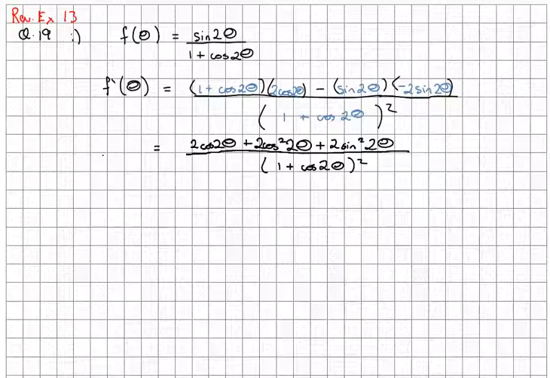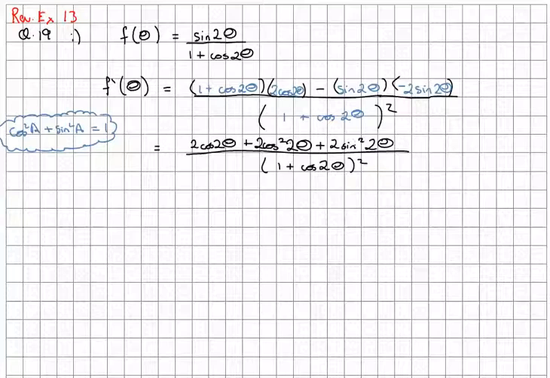Now, important point to remember from our page 13 in the log tables is that cos squared of anything, plus sine squared of anything, same angle, must be equal to 1. You square the cos of it, square the sine of it, and add them together. So let's go back here and notice that we've got 2 times cos squared of an angle plus 2 times sine squared.